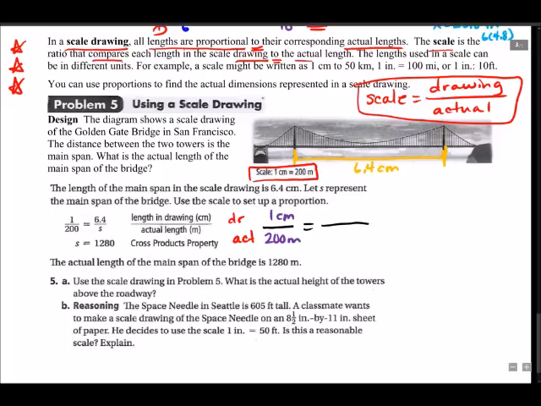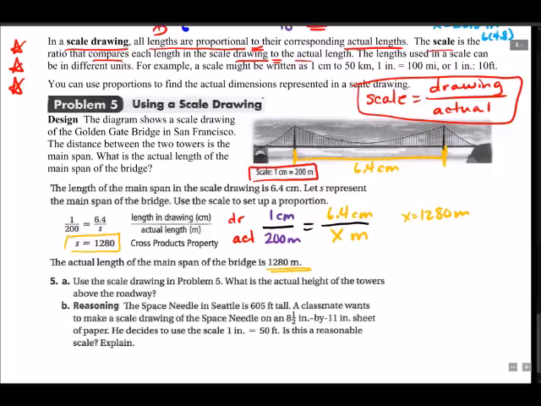And then I come over to my other side, and I know that 6.4 centimeters is going to equal X meters, because my units have to match top and bottom. And then we just cross multiply, and we get the length of the span is 1,280 meters. So we get X equals 1,280 meters in real life. Just cross multiplied.